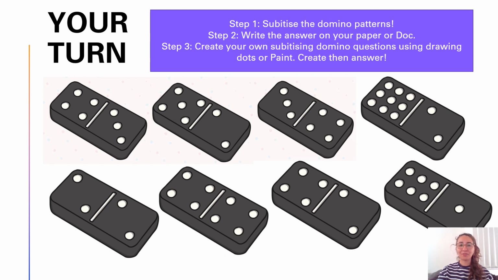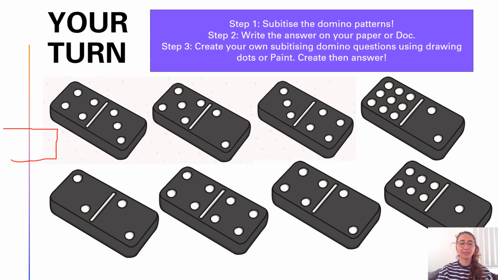Now step 3 is a bit different. So here you get to create your own supersizing domino questions using drawing, dots, or you might use Paint. So that's the program on your computer, and an adult can help you with that. You might create your own little rectangle on this, just like my one here.